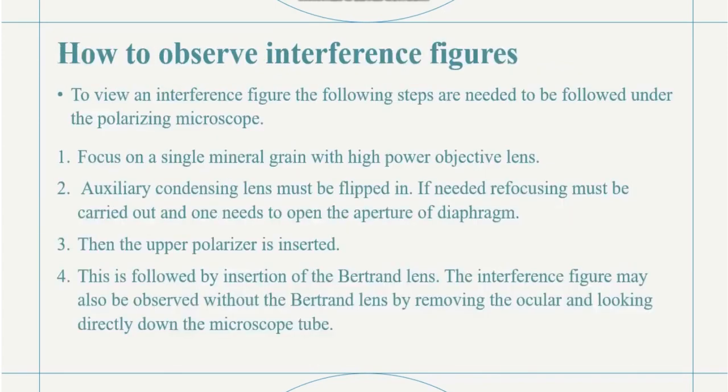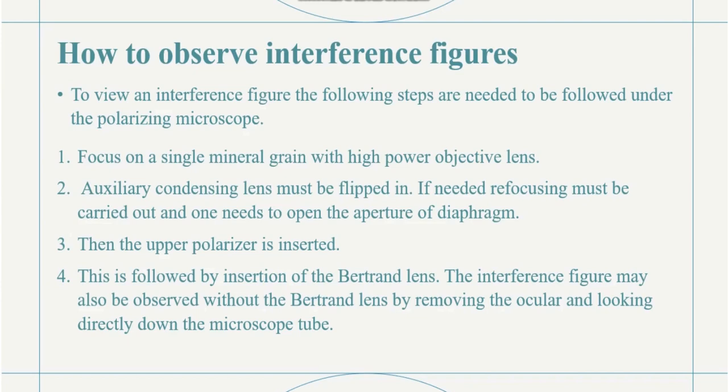So when you insert the upper polarizer, this will be followed by insertion of the Bertrand lens. But like I mentioned before, you may also not insert the Bertrand lens. If you don't insert the Bertrand lens, it means you must remove the ocular and look directly down the microscope tube.